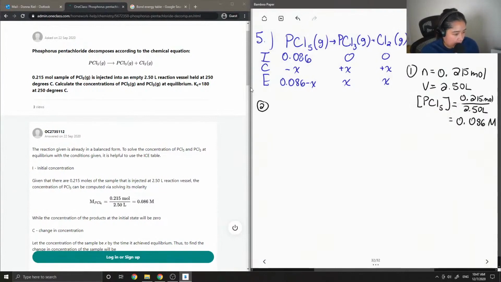Okay, so now let's write down our Kc expression. So Kc is going to be the products divided by the reactants. So the concentration of phosphorus trichloride times the concentration of Cl2 divided by the concentration of PCl5.